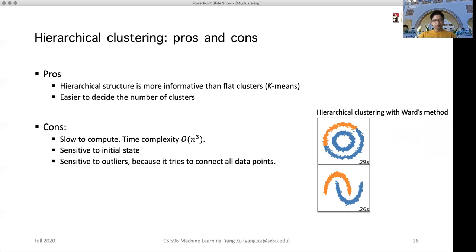And it also gives us some idea, because K-means and hierarchical clustering both maintain the distance between clusters.